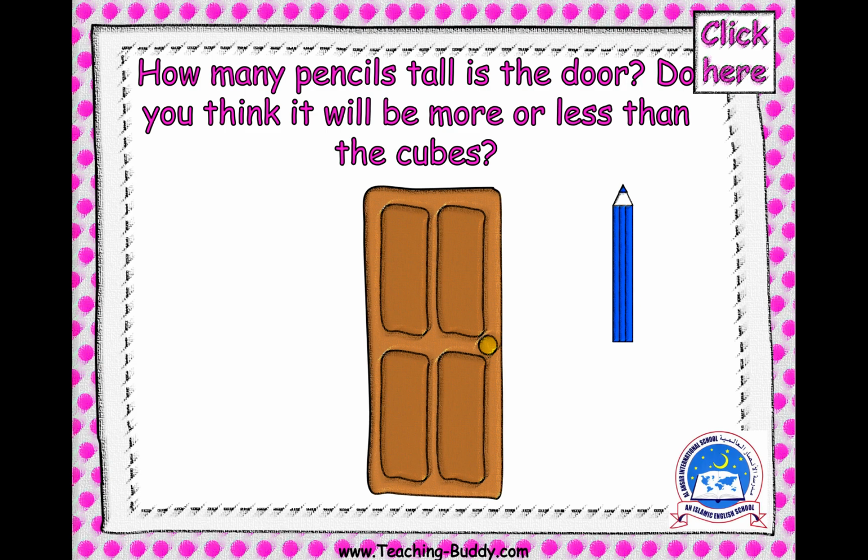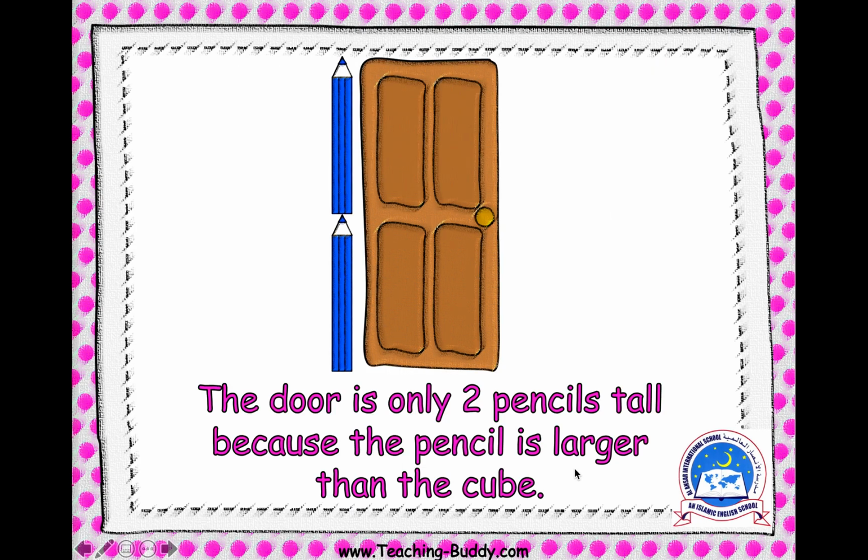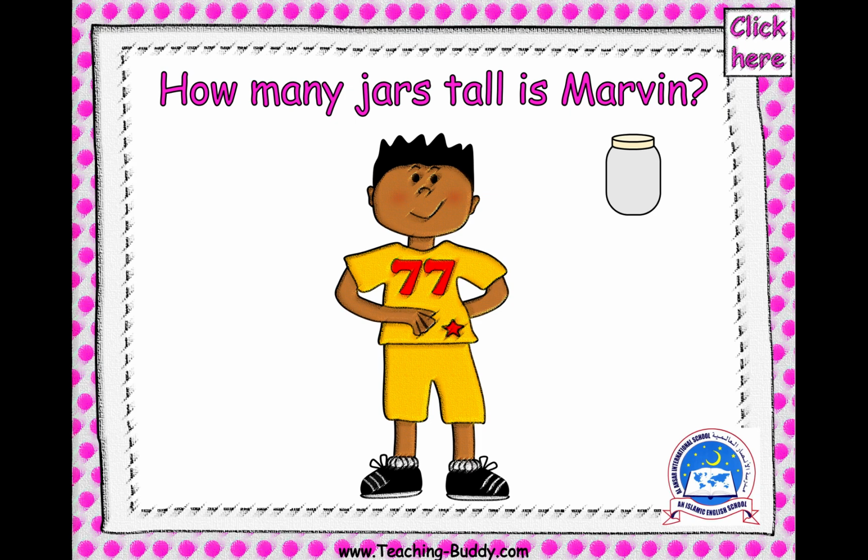Do you think it will be more pencils or fewer pencils long? I think it will be fewer pencils because the pencils are longer than the cubes. But let us see. One pencil, two pencils. So the door is only two pencils long because the pencil is larger than the cube. So that is how we can use different measuring units to measure the same thing.